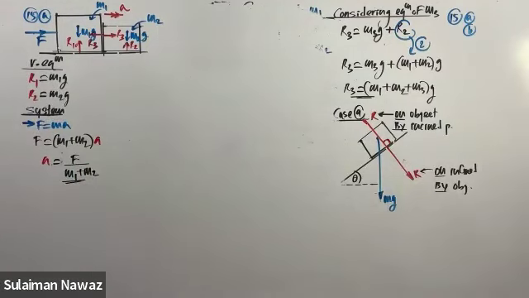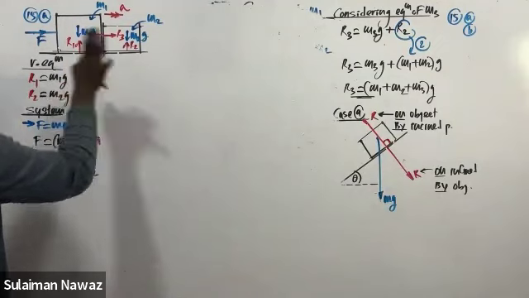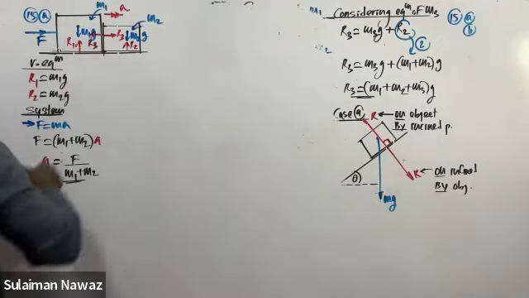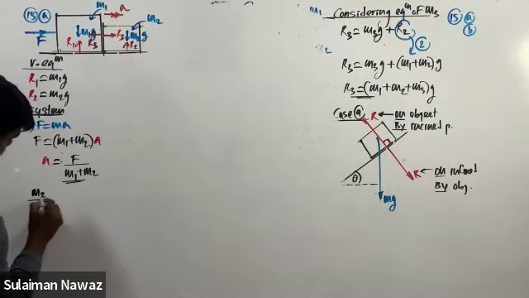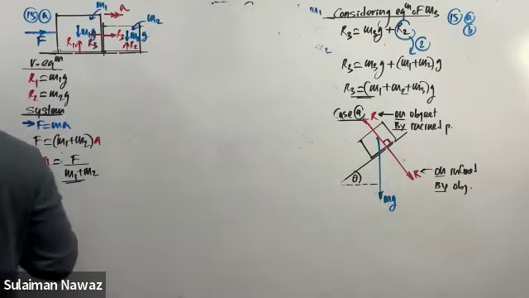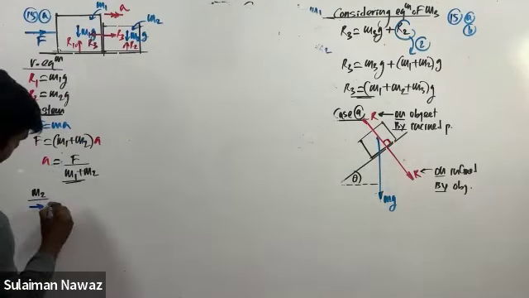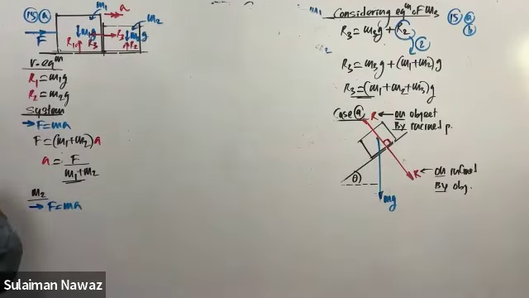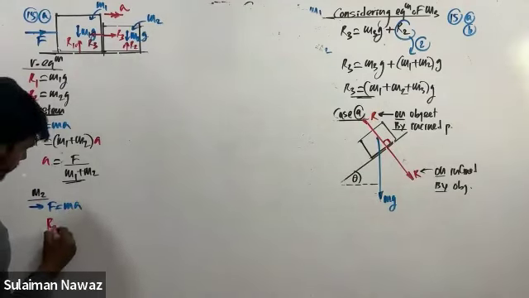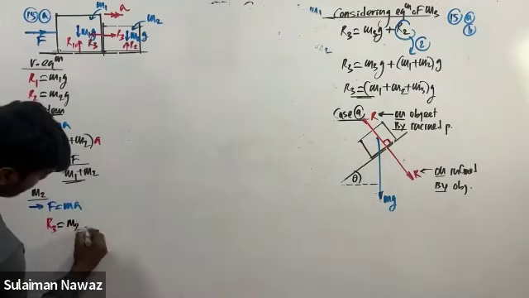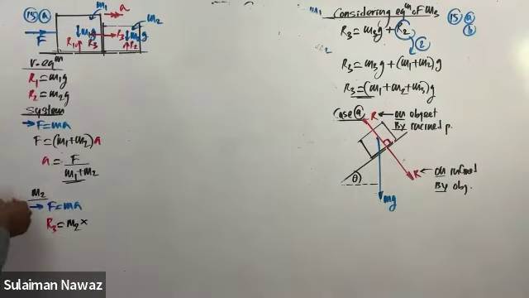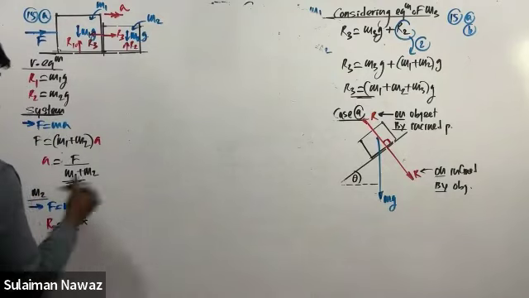It's easy. Now I want to find R3. Once I found R3, problem solved. Now I thought of taking M2 and applying F equals ma. I take M2 and apply F equals ma. Then R3 equals mass, which is M2, times acceleration.